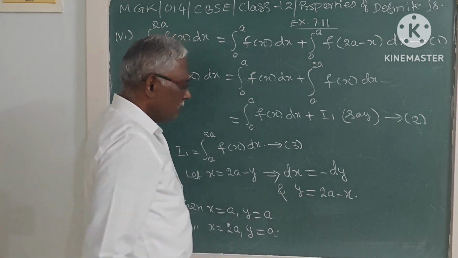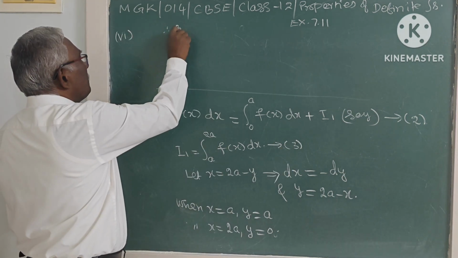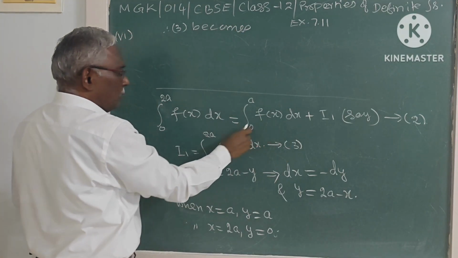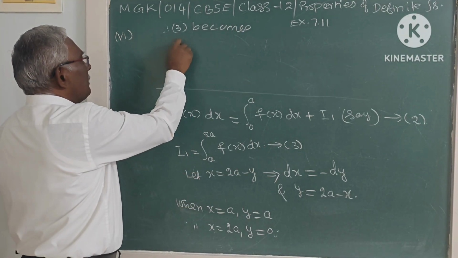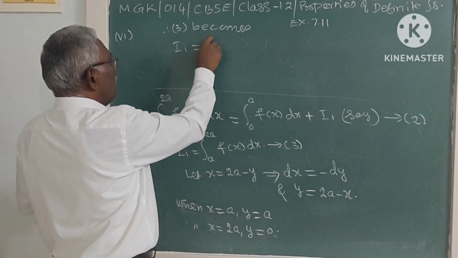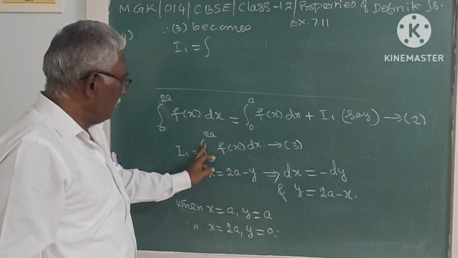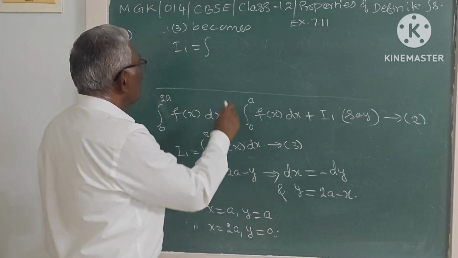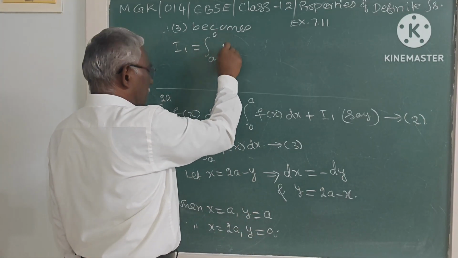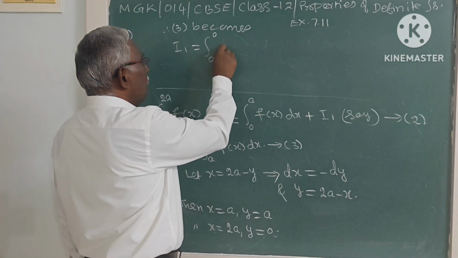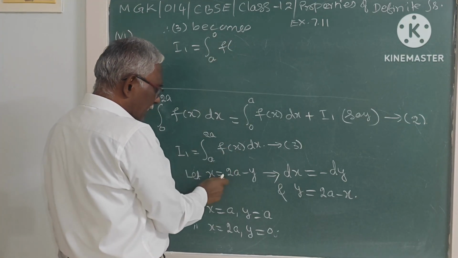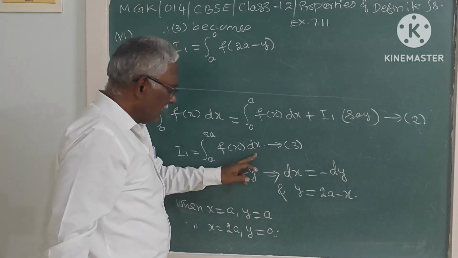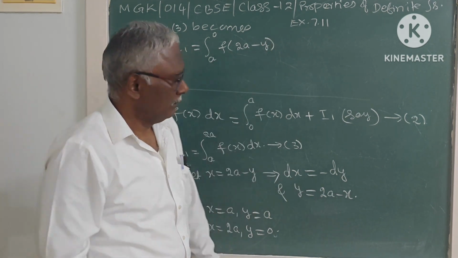Therefore 3 becomes I suffix 1 is integral, x varies from a to 2a and y varies from a to 0. So a to 0, then f of x we are taking as f of 2a minus y and dx is minus dy.